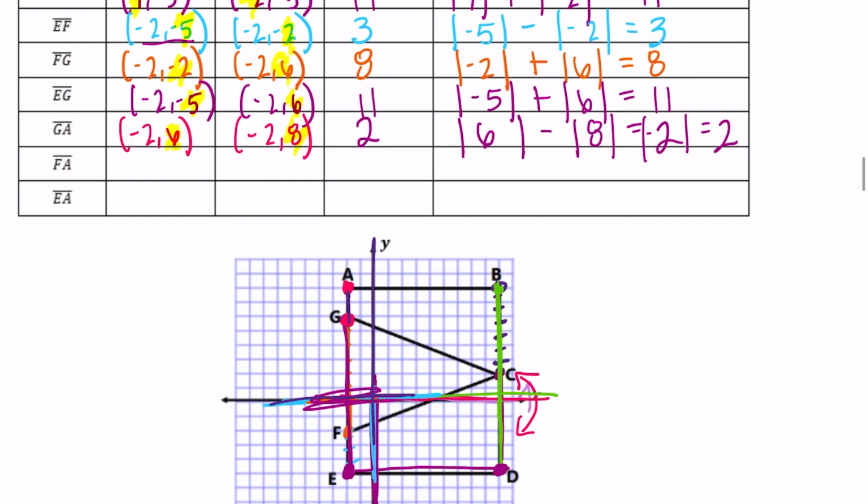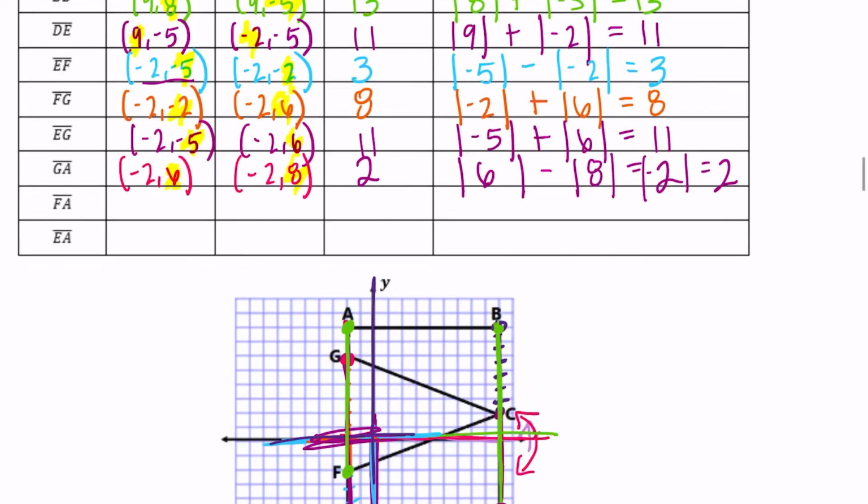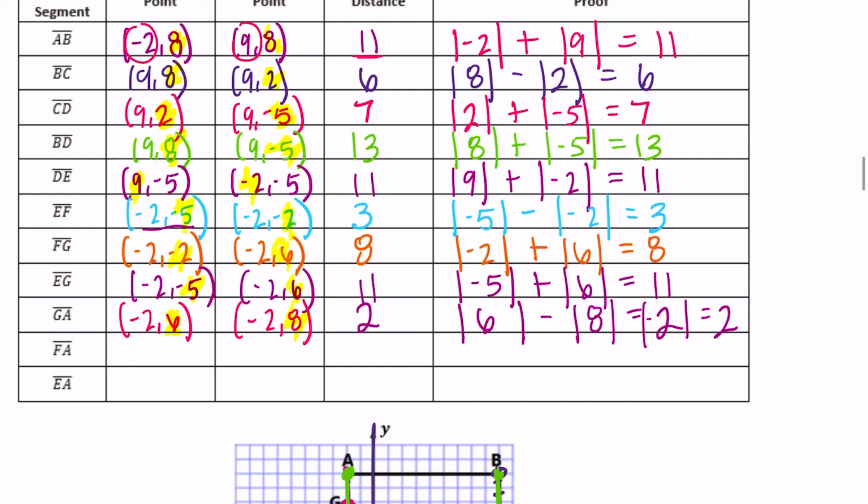FA. Let's find a color I can draw over these. So FA is right there. Okay, so F was -2, -2. And A was -2, 8.